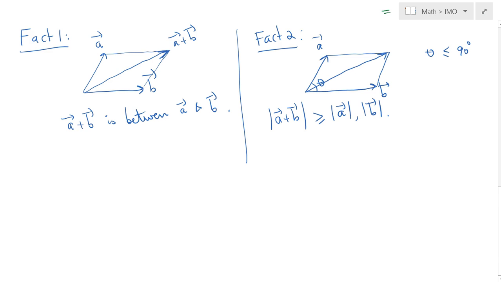For the second part, I can provide a very short proof using the dot product definition for absolute values. So here it goes.